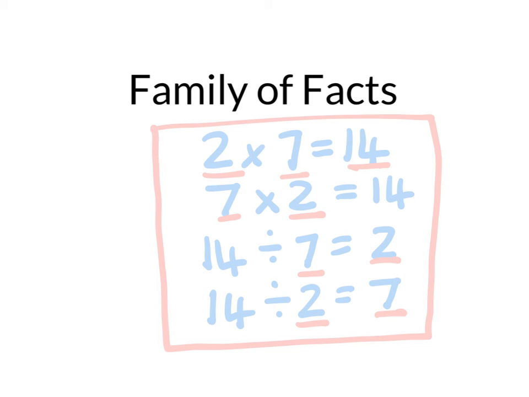And there's a 14, a 14, a 14, and a 14. So that's just 4 ways really of saying that same thing that we looked at on the last slide. Okay, and you notice the two times tables ones end with 14, and the two division ones start with 14.